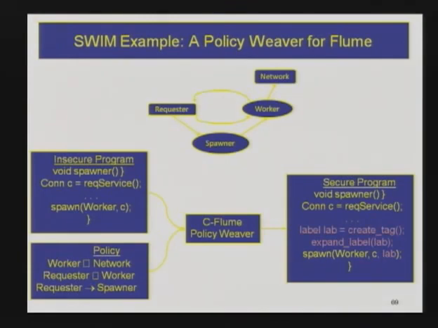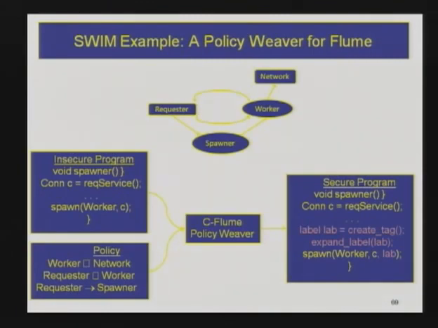Okay, and that's the code of the insecure program showing on the left. And your security policy might say that workers cannot talk to the network, and cannot send information over the network. It has to go through some special proxy. Same thing with the requester, but the requester actually can spawn some processes.